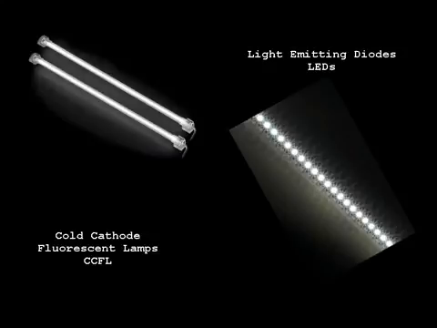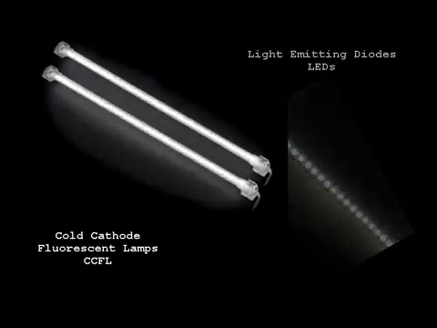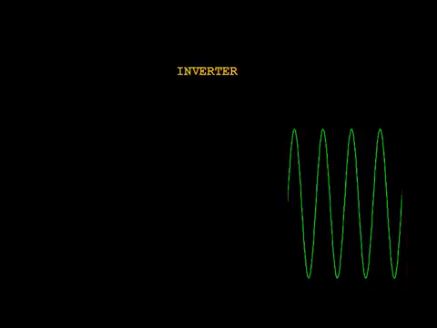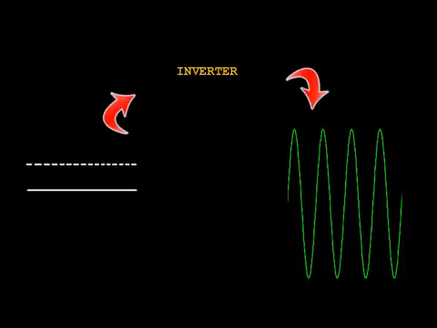Firstly, we are going to see how the cold cathode fluorescent lamps backlight technology works. A high alternate current voltage produced from a continuous current voltage is necessary. Because of that, the source that makes this work is called an inverter.